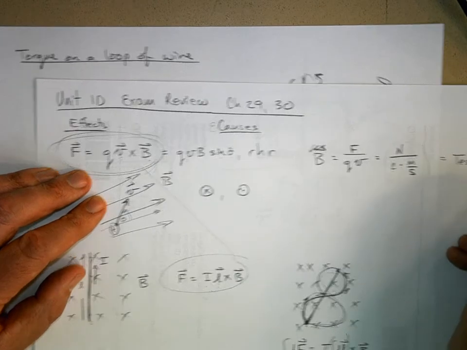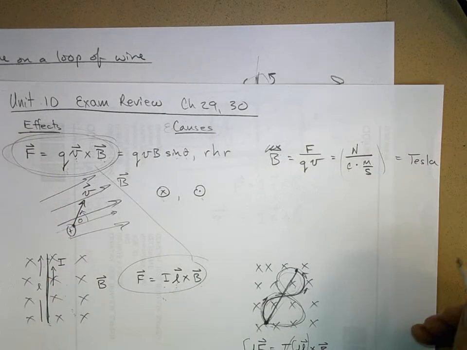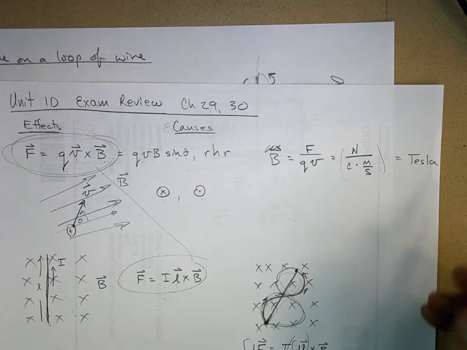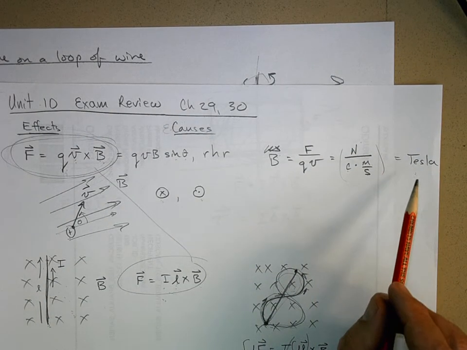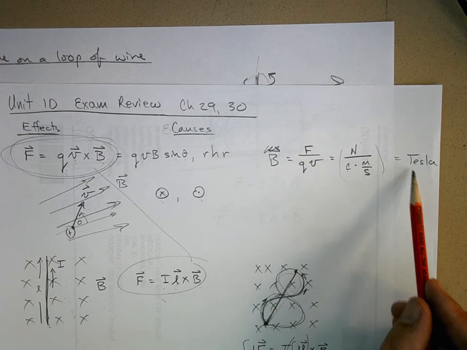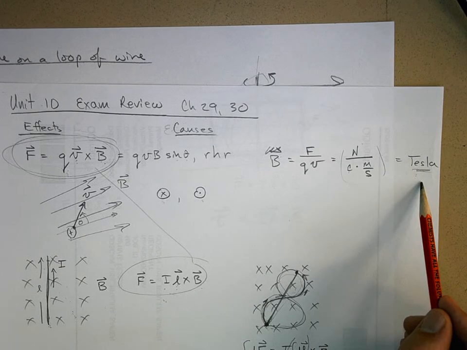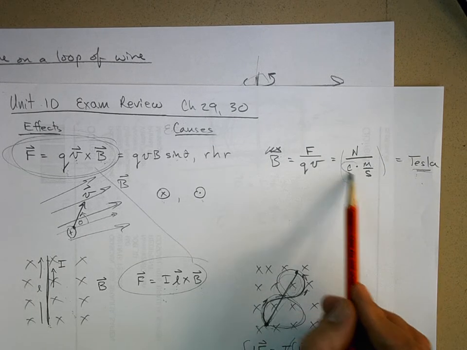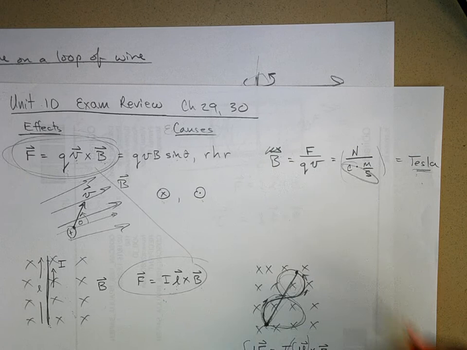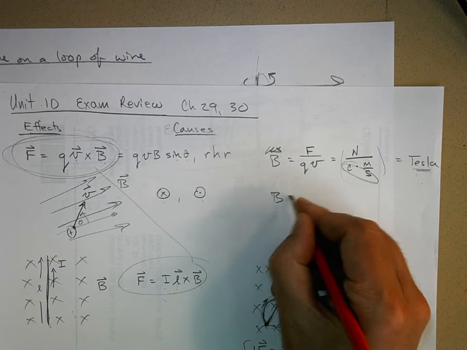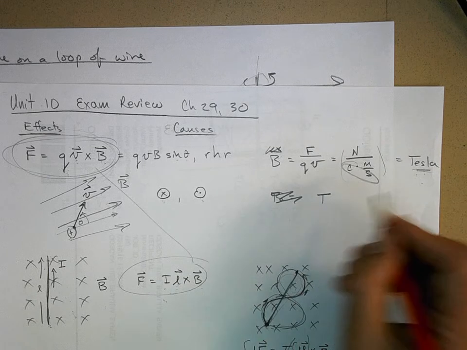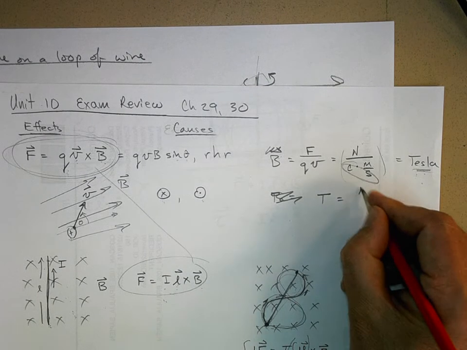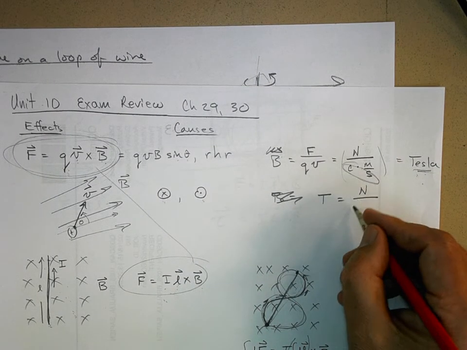No, it's not named after the really cool car. Okay, it's named after the scientist, and of course the really cool car is also named after the scientist. And by the way, look at this. What is a coulomb per second? A coulomb per second is an amp. So you can also say that a Tesla, we use a capital T for Tesla, is equal to a newton per amp meter.